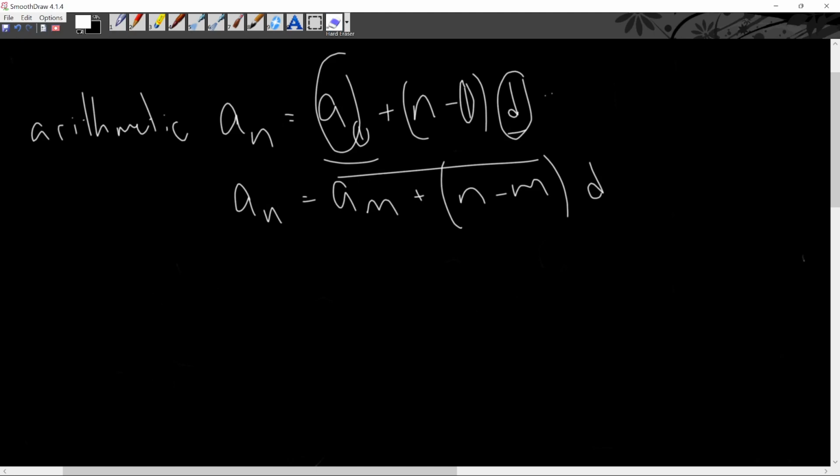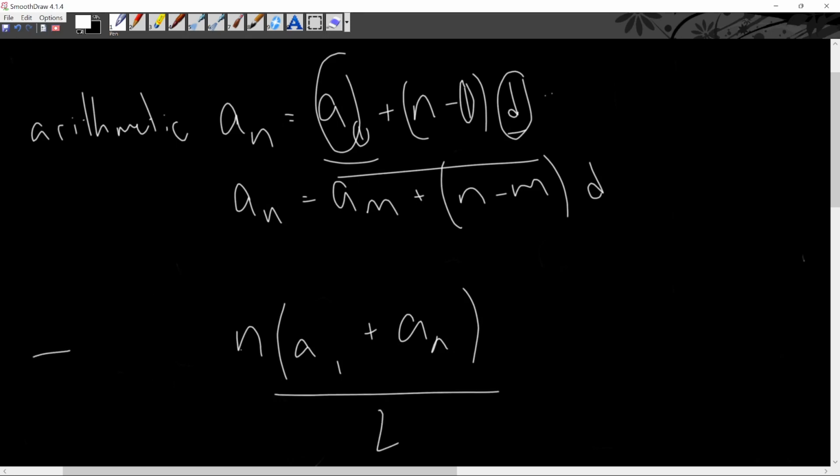But if we do the partial sums of arithmetic series, we have n times a sub 1 plus a sub n over 2. So this is the partial sum up to n, right?